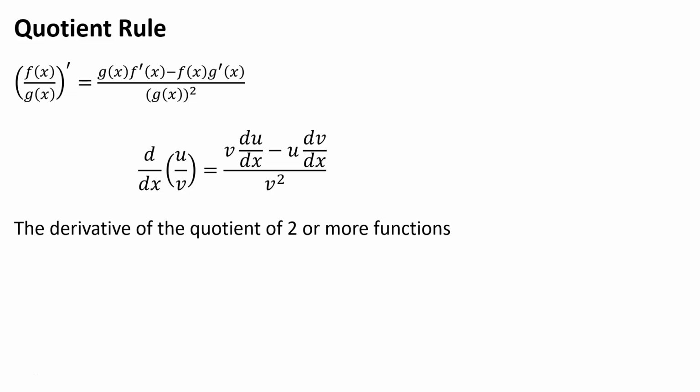So you can see here I wrote it in two different formats. The first format here is f of x over g of x, taking this derivative. And this other one, the derivative is represented as the derivative of u over v with respect to x. Same basic statement, just written in two different formats.